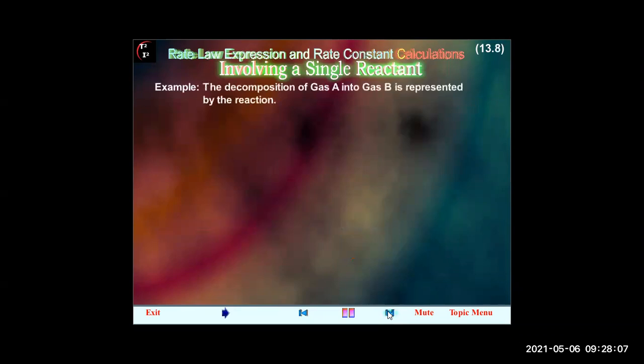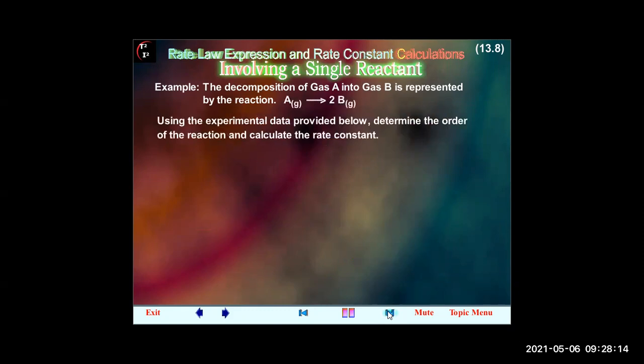Example. The decomposition of gas A into gas B is represented by the reaction. Using the experimental data provided below, determine the order of the reaction and calculate the rate constant.